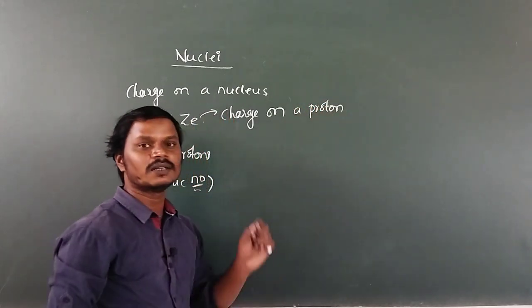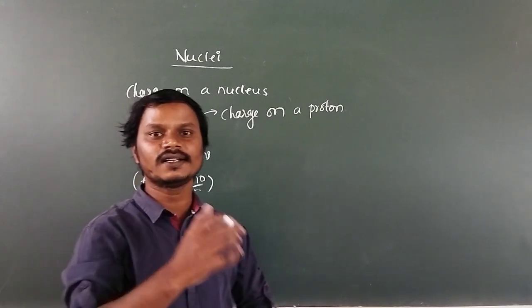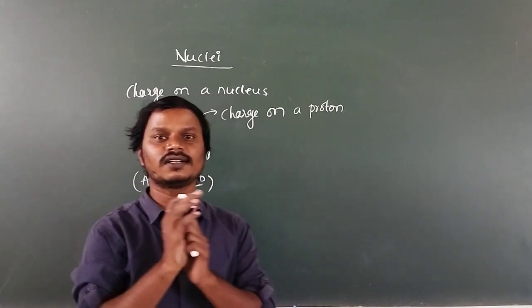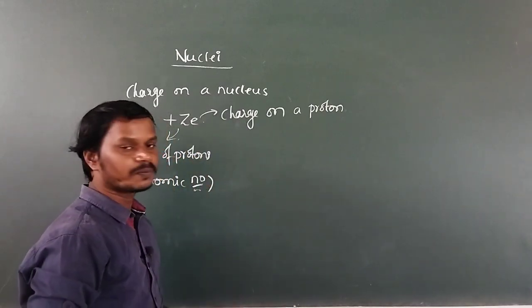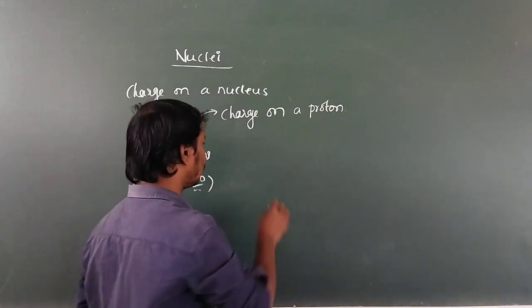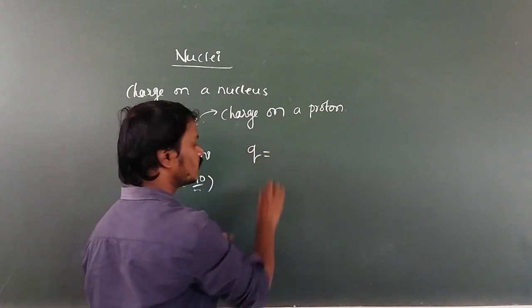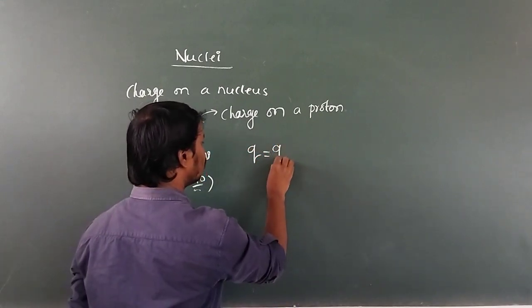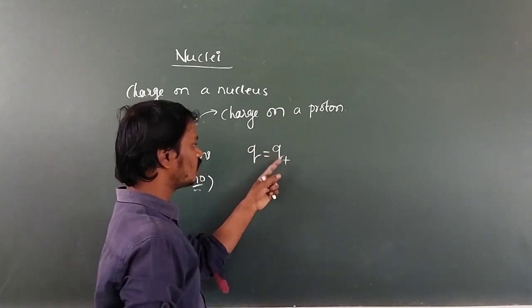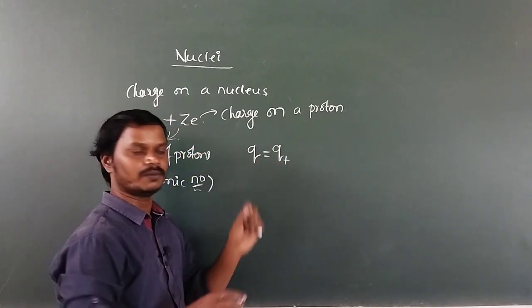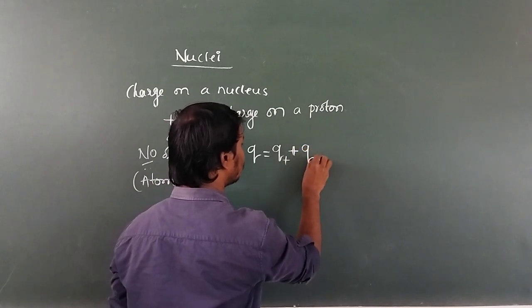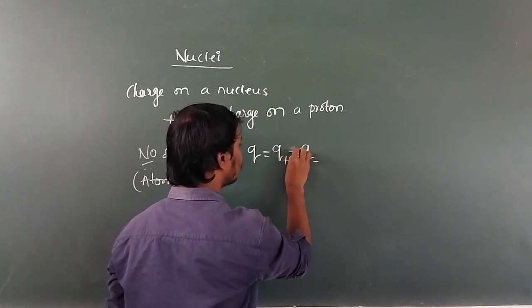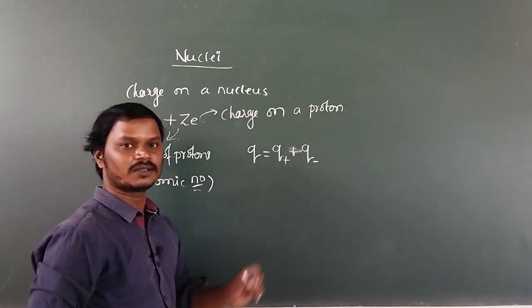But an atom is electrically neutral. Why is an atom electrically neutral? Because an atom consists of an equal number of protons and electrons. Then how to find the charge on an atom? Q plus is the charge of the number of protons present in the atom, and Q minus is the total charge on the total number of electrons.